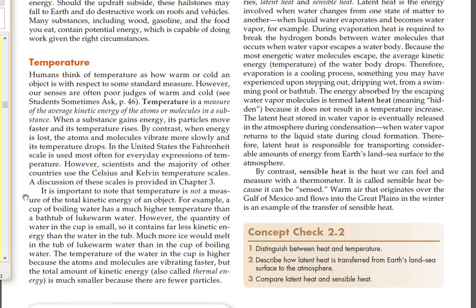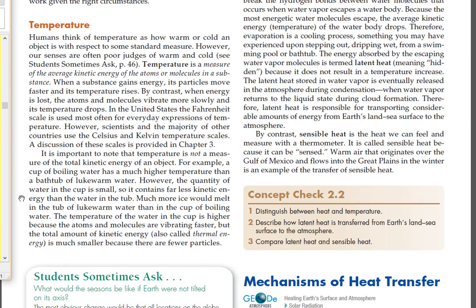It is important to note that temperature is not a measure of the total kinetic energy of an object. For example, a cup of boiling water has a much higher temperature than a bathtub of lukewarm water. However, the quantity of water in the cup is small, so it contains far less kinetic energy than the water in the tub.